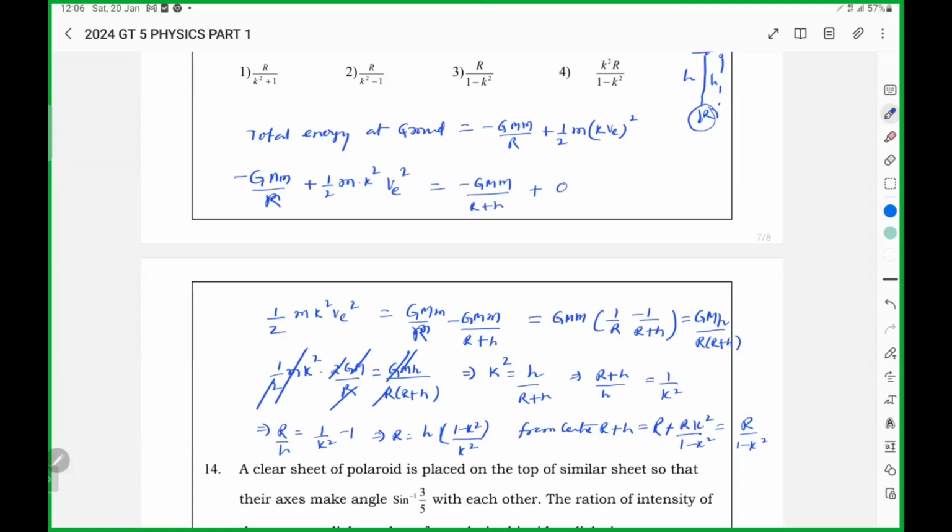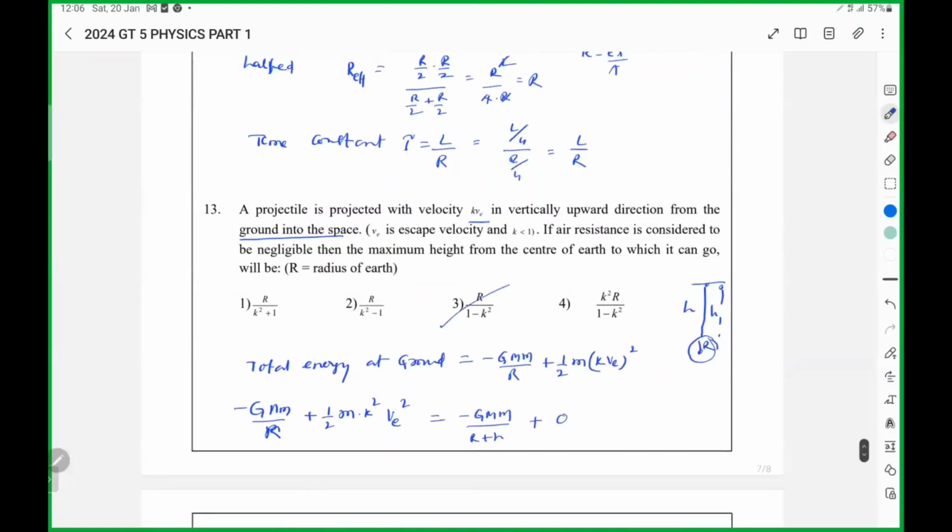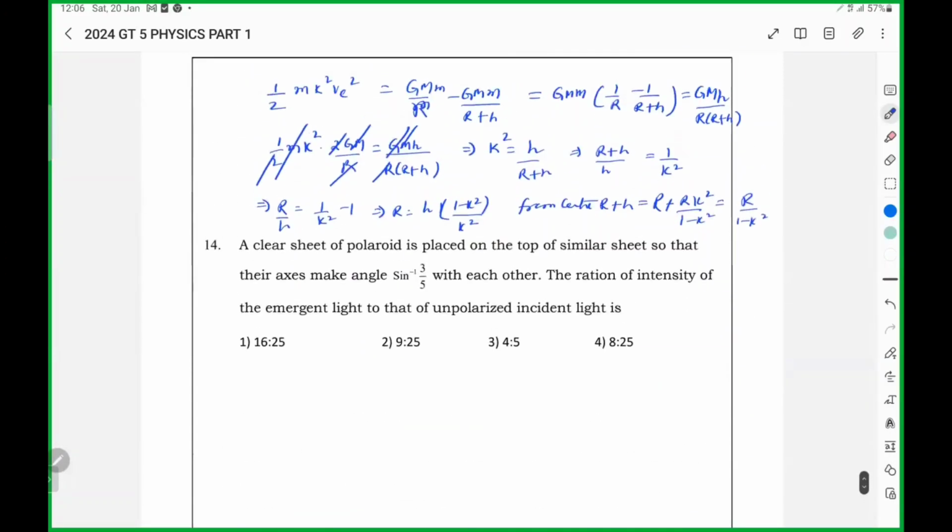So it is R by 1 minus k square. So third option is correct.